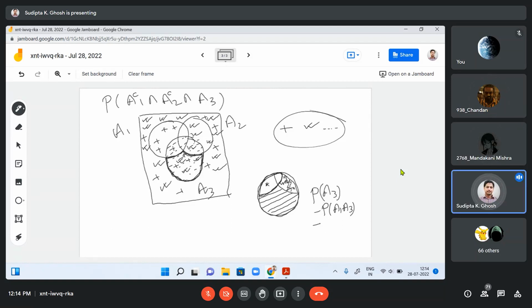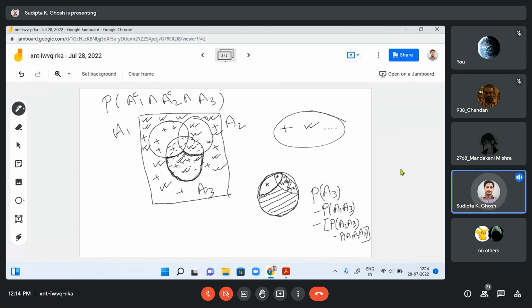Therefore, this part I can write now in this fashion. Probability of A2 A3, the total part, minus what about this small part? The intersection A1, A2, A3. Exactly. Probability of A1, A2, A3.